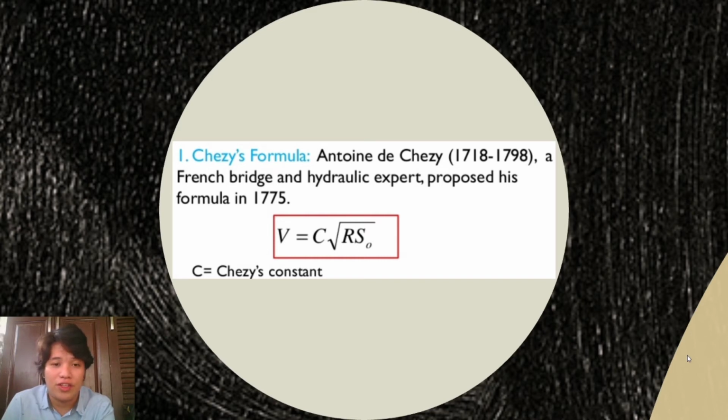He was a French bridge and hydraulic expert who proposed his formula in 1775. This is the formula: V equals C square root of R S0. We are so familiar with this equation because it was introduced in hydraulics. C stands for the Chezy constant, R for the hydraulic radius, and S0 for the slope.